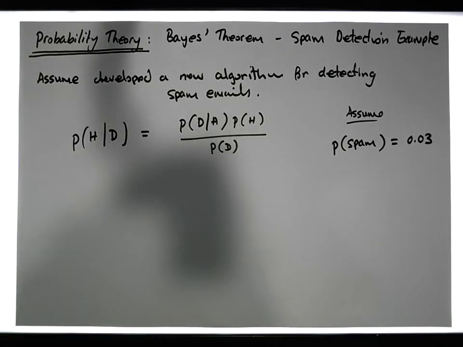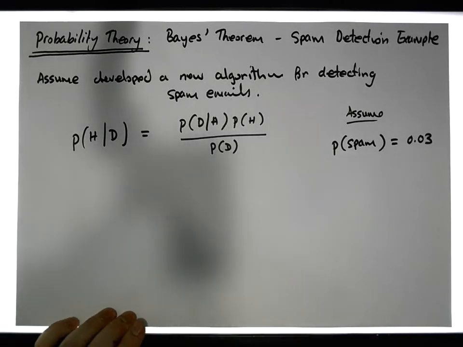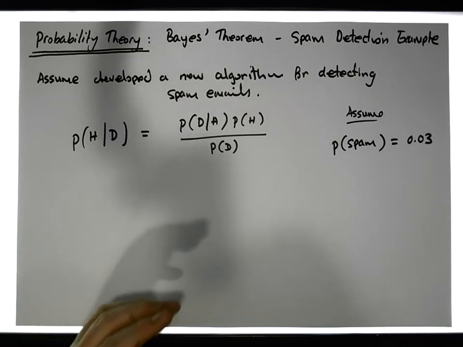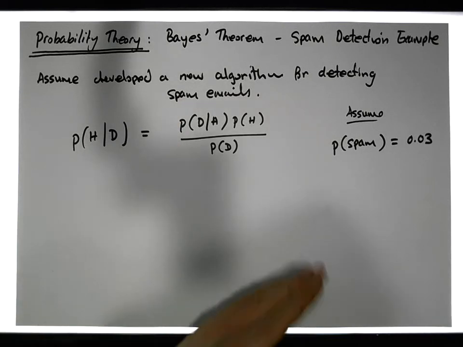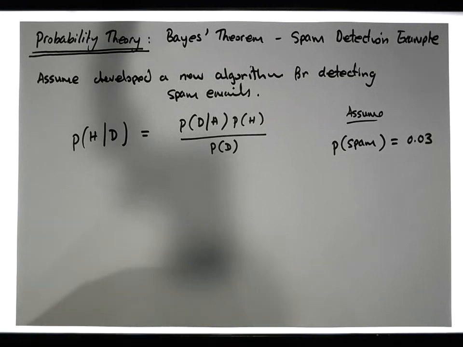And let's also assume that we've actually run our algorithm, this particular algorithm for detecting spam emails, and what we've done is we've fed into this algorithm actual spam emails. Let's say we fed in 100 spam emails, and what it told us was that out of the 100, 90 were actually spam.